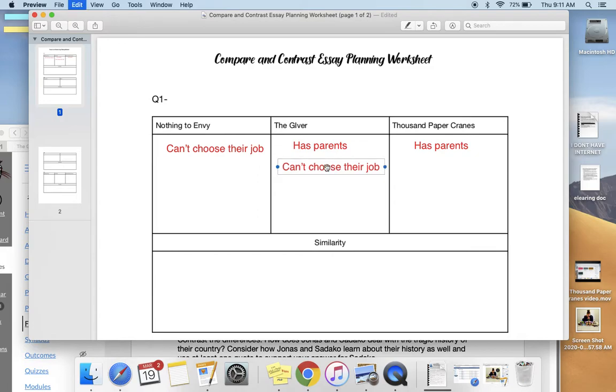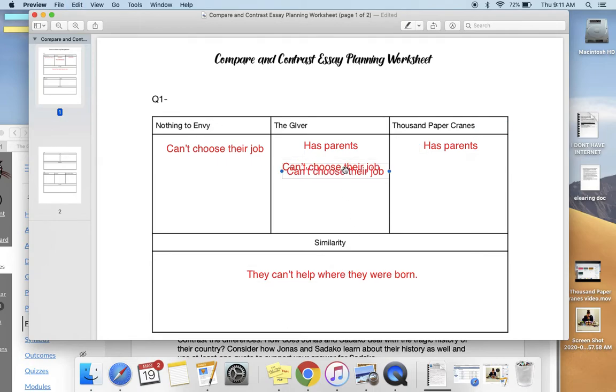And I guess one big similarity between all of them is they really can't help where they were born. Right? So, Changbo can't help that he is stuck in a regime that controls everything that he does. Neither can Jonas, and neither can Sadako. Their past has already been laid out for them.